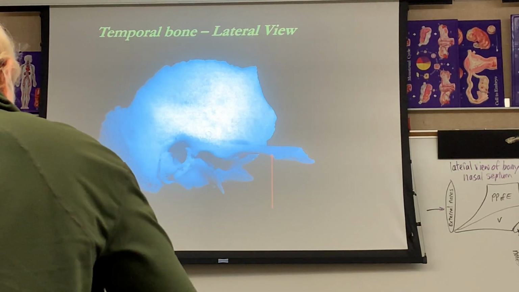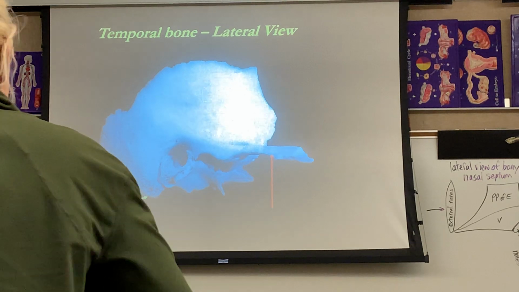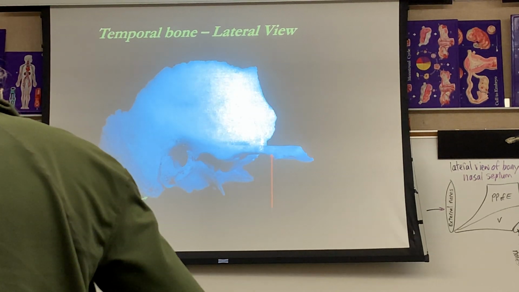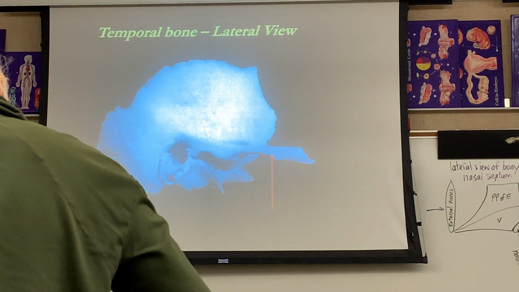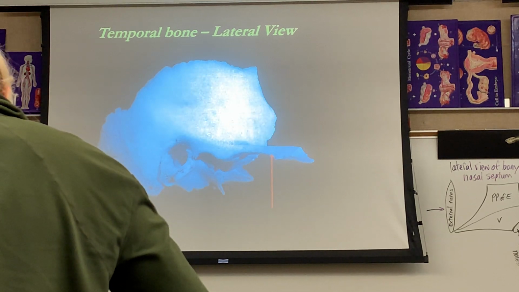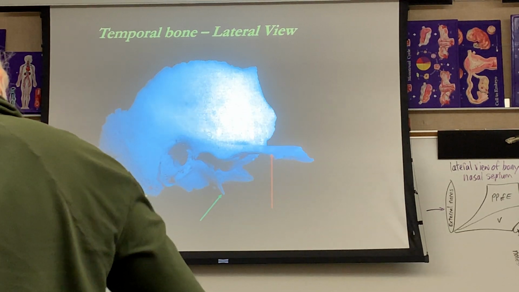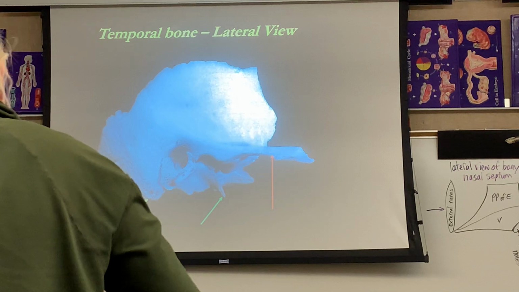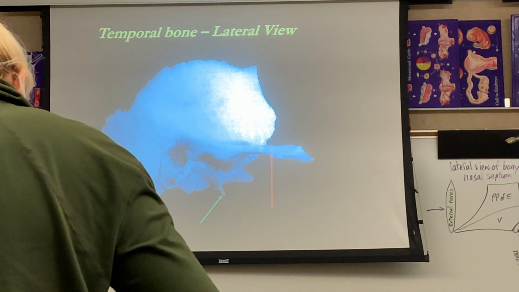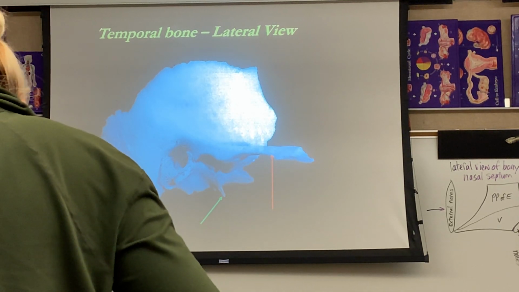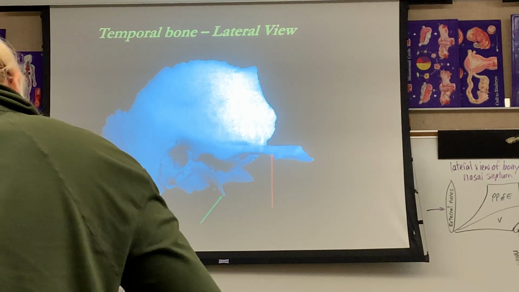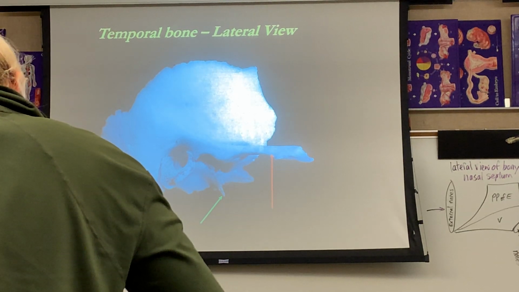All right. In yellow is the mastoid process. In green, like a needle, like a record player's stylus, is the styloid process of the temporal bone. This is one you have to say of the temporal bone.